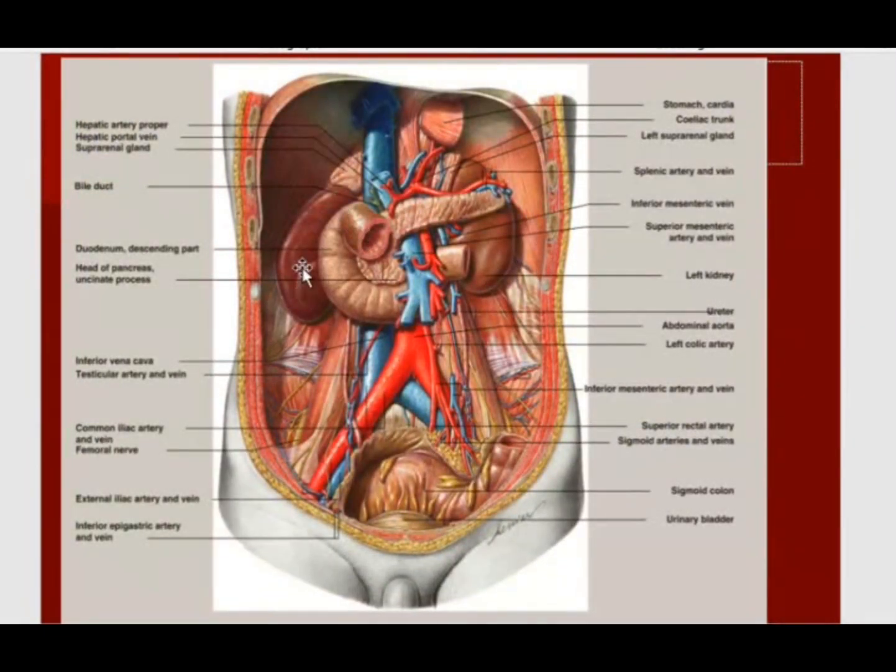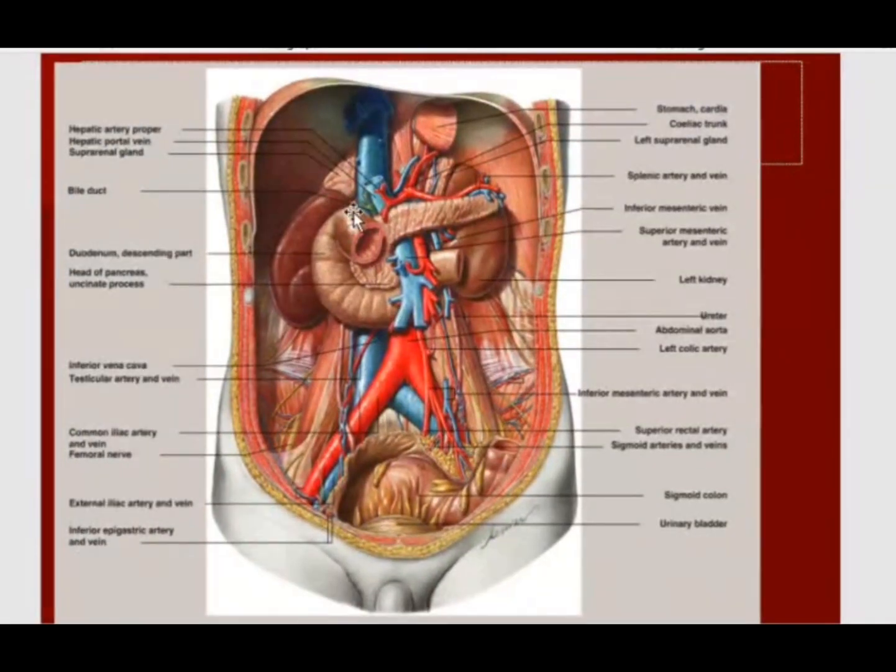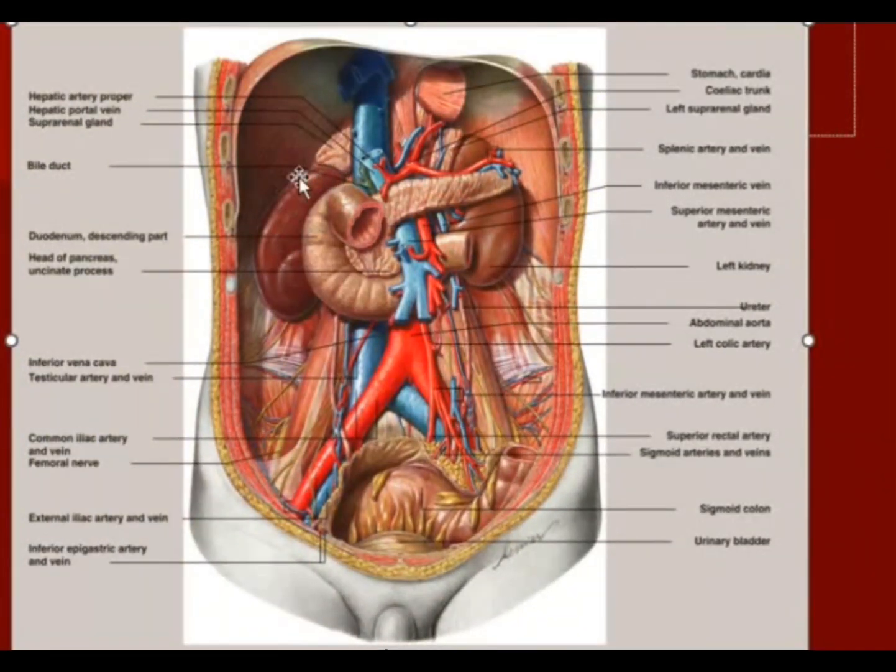This is the right kidney. You can see the second part of the duodenum. So the anterior relations of the right kidney: superior will have the suprarenal gland and the right lobe of the liver, covering the superior aspect. Medial will have the second part of the duodenum.